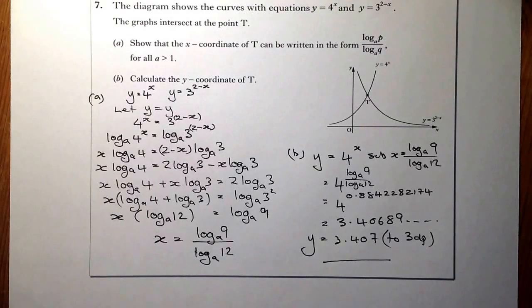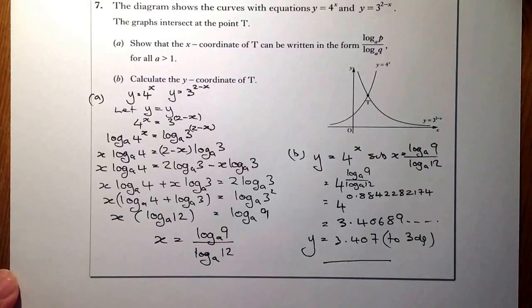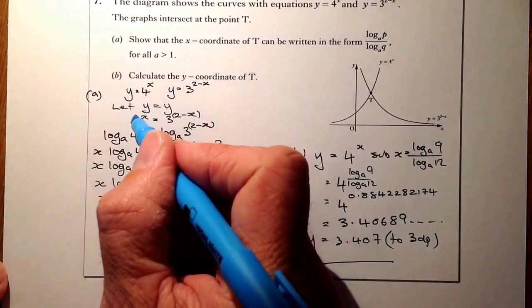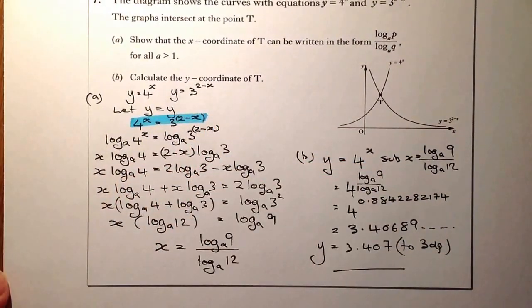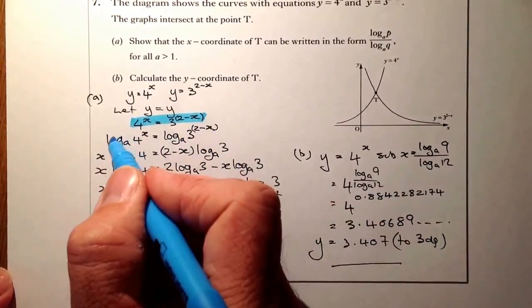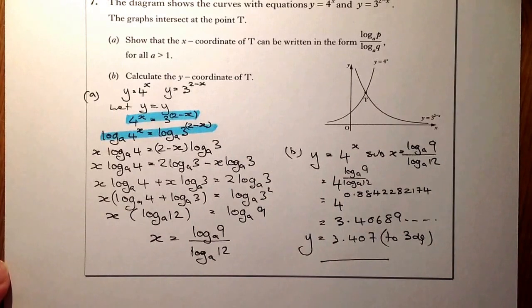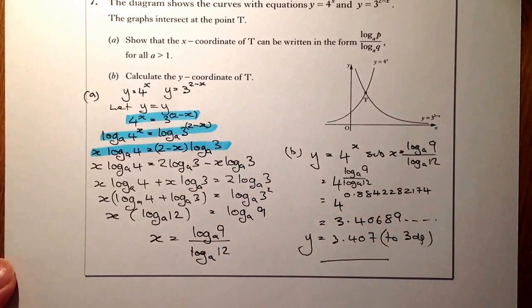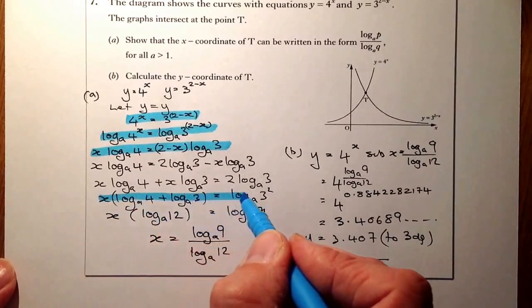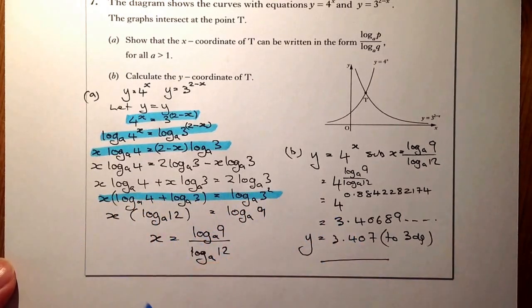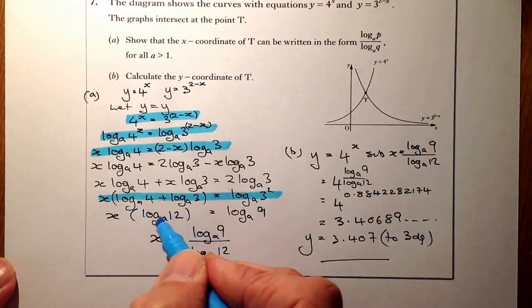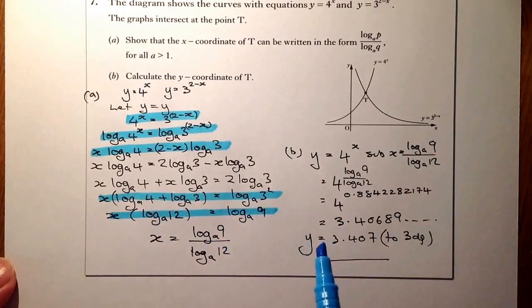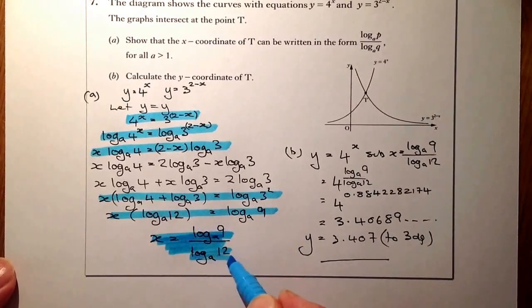Right, let's look at the marking for this question. We've got 6 marks for part A. We'll get 1 mark for letting the two of these y equal y, the next for taking the logs of both sides, 1 mark for bringing these things down to the front using the law of logs, 1 mark for this line here for being able to gather these together, 1 mark for this part here, and finally, 1 for the answer.